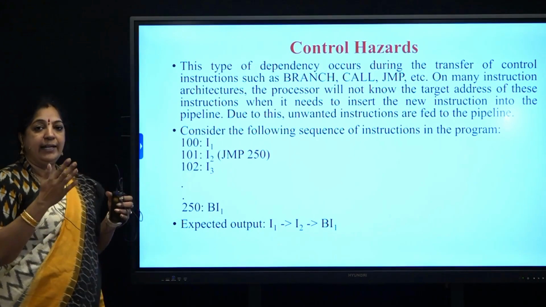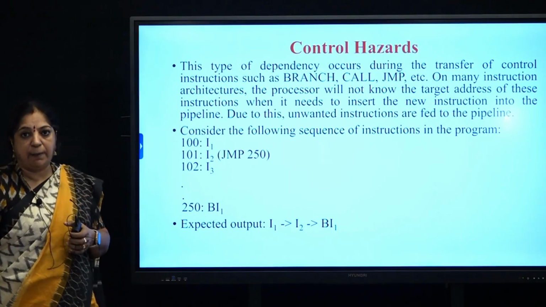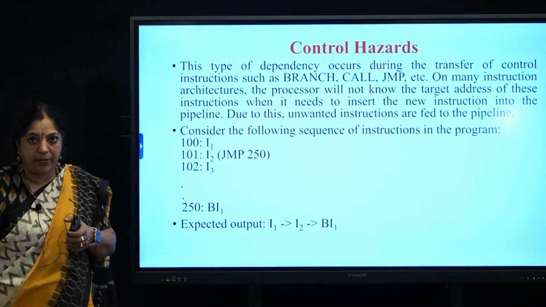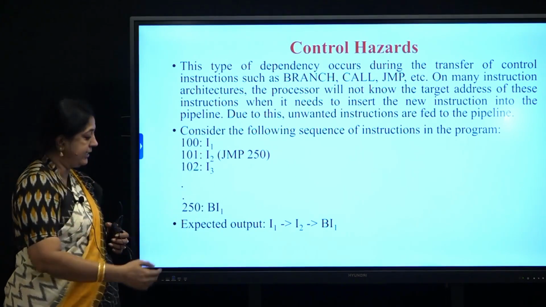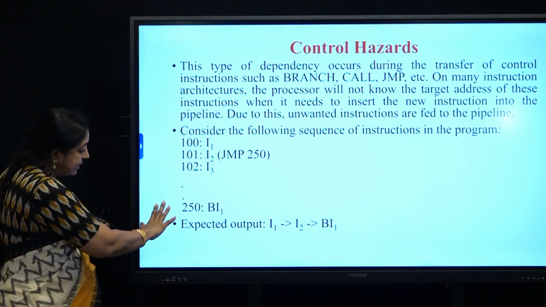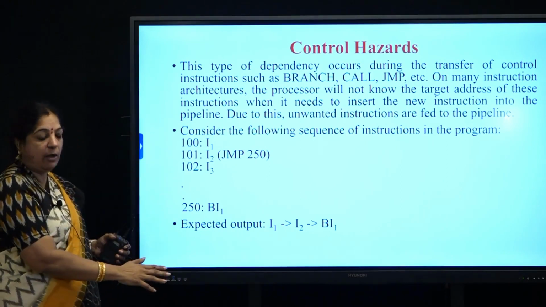Generally, when we divide the work into sub-operations, one after another we start and carry on the execution. So what is the expected output when we perform these operations?